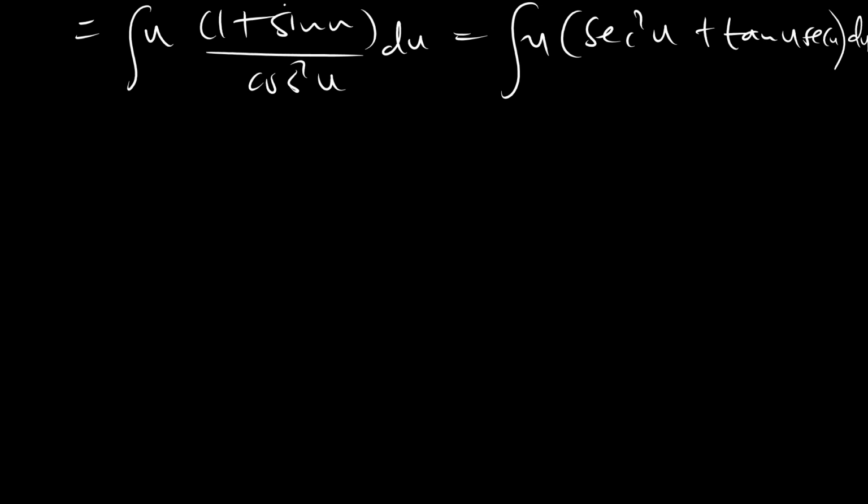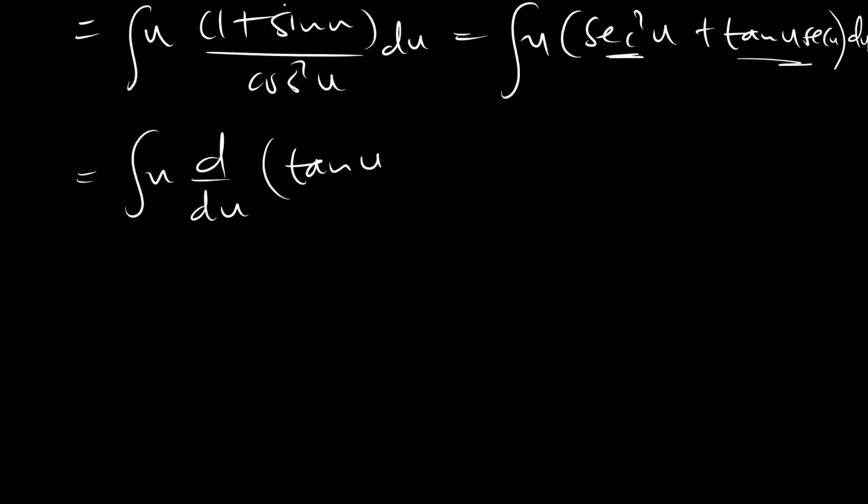So this is the derivative of tangent of u, and the derivative of secant of u. So this can be re-expressed as u times the derivative of (tangent of u plus secant of u).